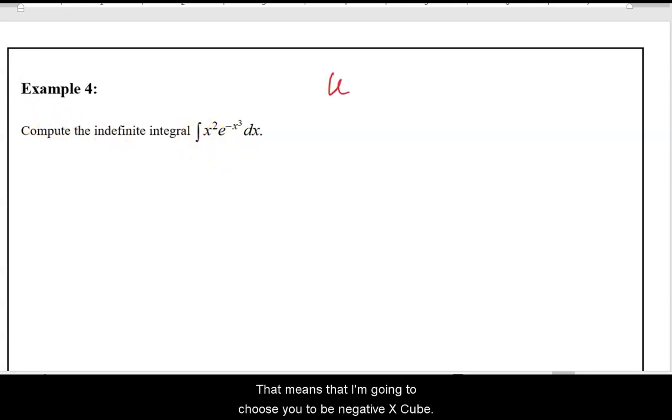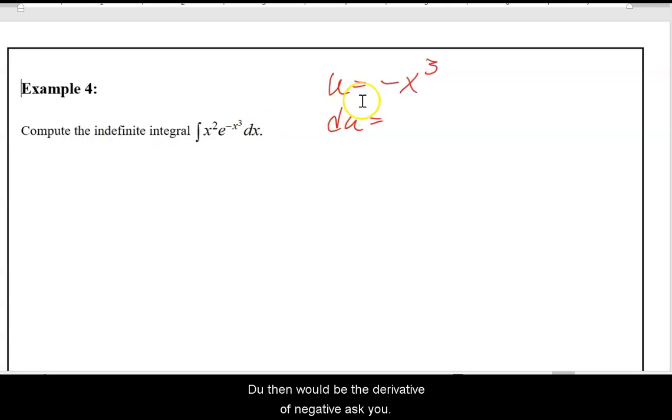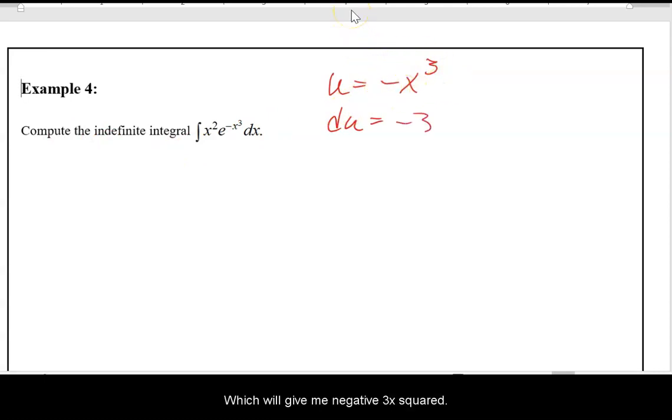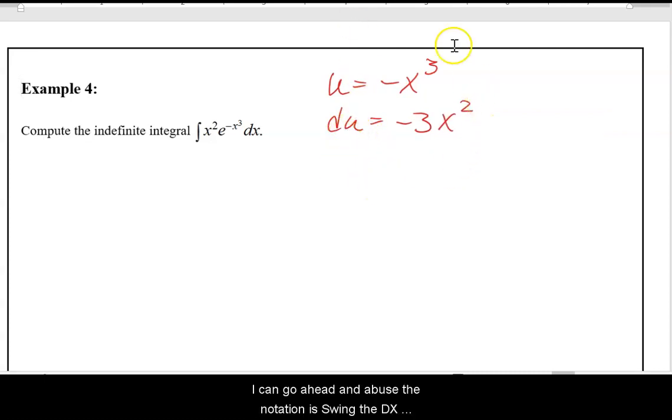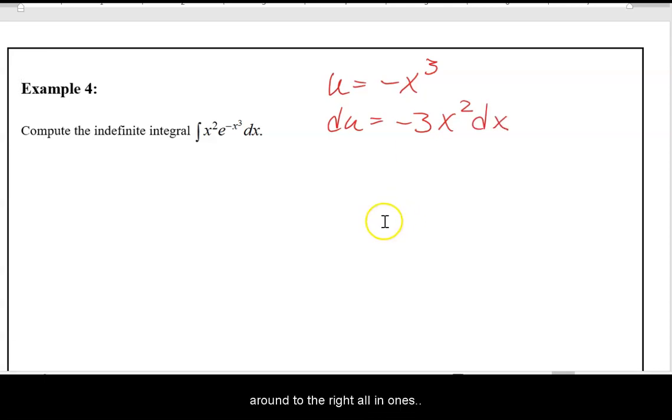That means that I'm going to choose u to be negative x cubed. du then would be the derivative of negative x cubed, which would give me negative 3x squared. I can go ahead and abuse the notation and swing the dx around to the right all in one step.